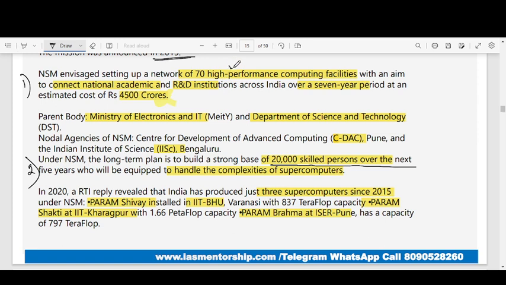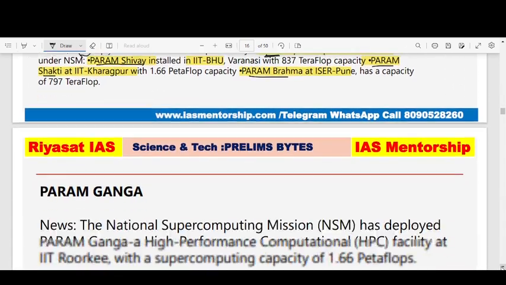Here we are aiming that from 2015 till the period of 7 years, resulting in 2022, we should have 70 high performance computing facilities. But when the RTI, right to information, was filed asking how successful is this plan, only 3 supercomputers were installed: Param Shivai, Param Shakti, and Param Brahma. Clear? You need to understand.